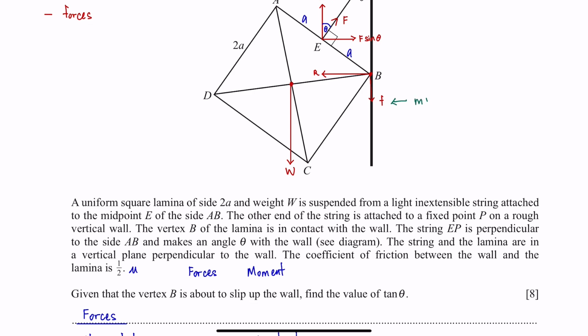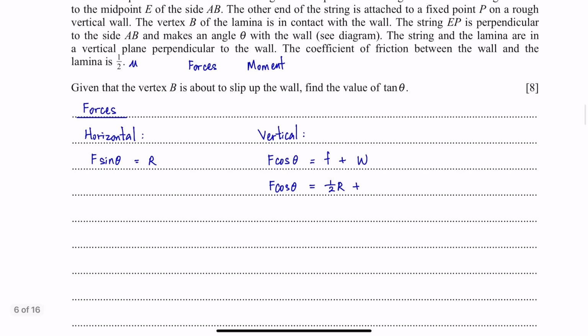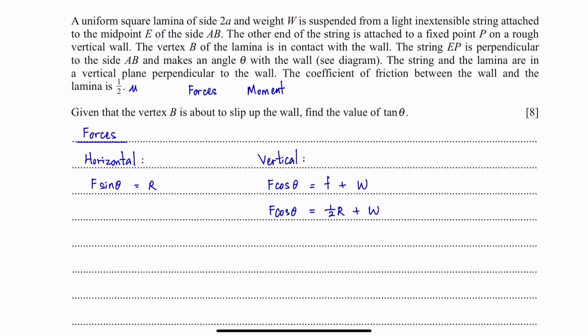And maximum friction is mu R. Mu is the coefficient of friction, so we have F cos theta equals half R plus the weight, which is W. So this would be our first equation. This would be the second equation.